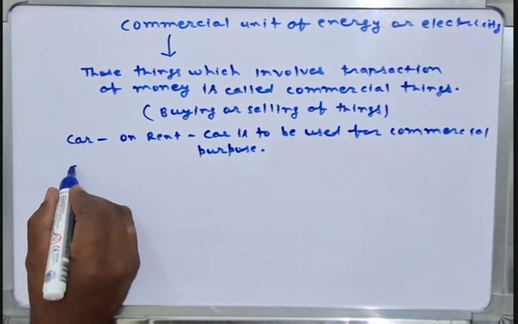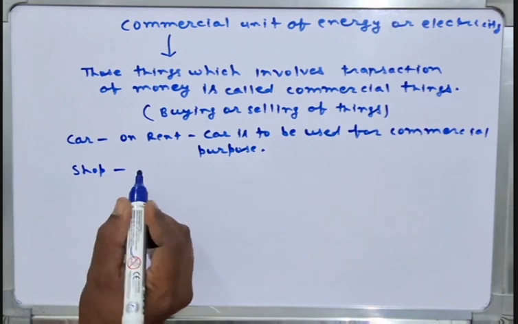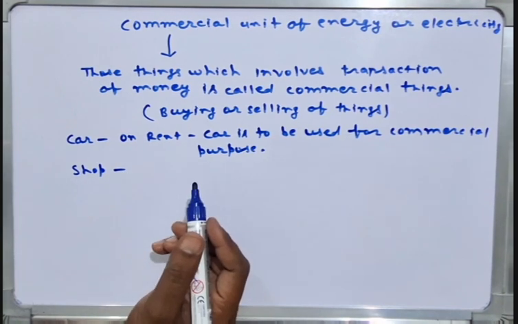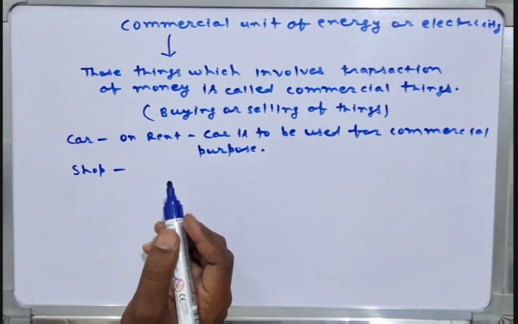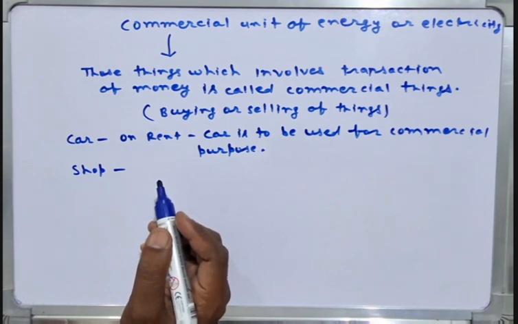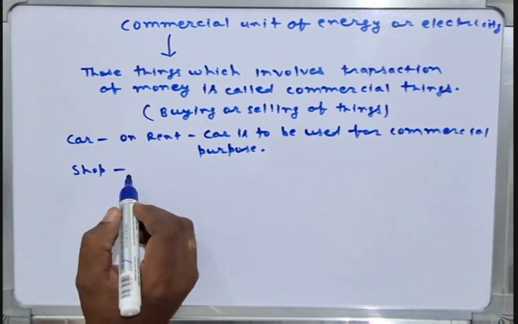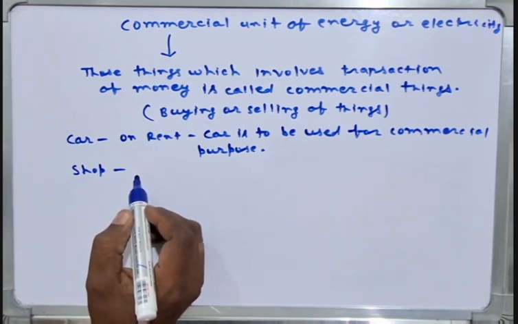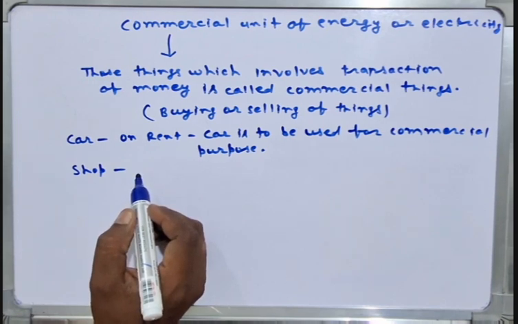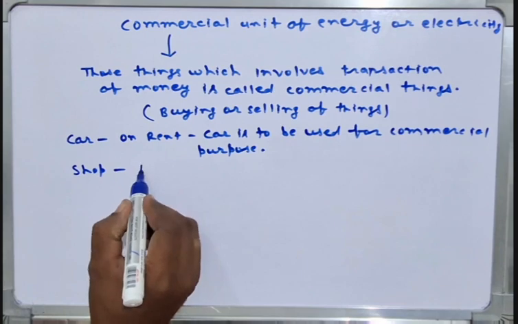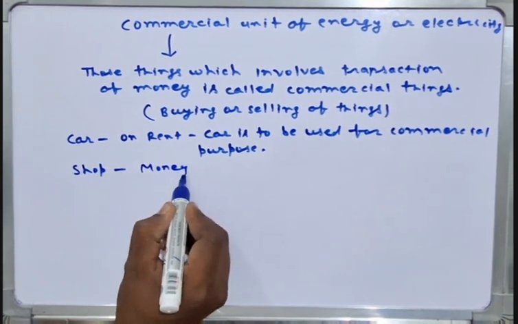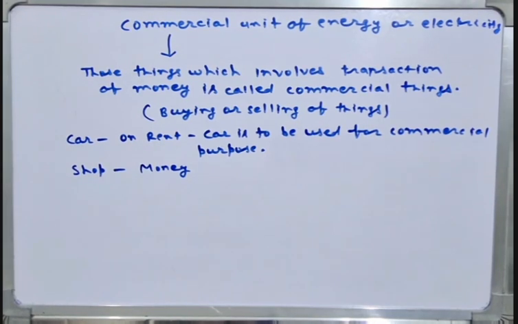Or a shop: if somebody gives his shop on rent or takes somebody's shop on rent, then the shop is said to be used for commercial purpose because it involves money. Okay, now, what does commercial unit of energy mean?